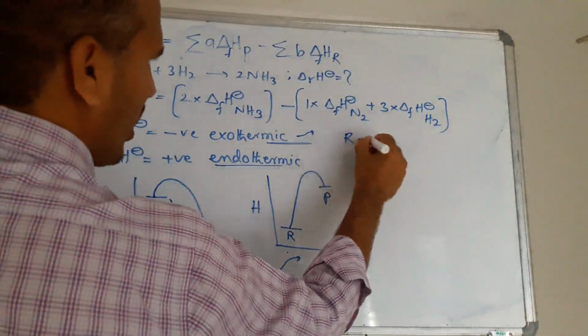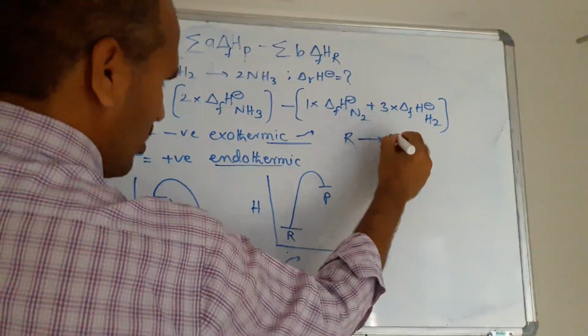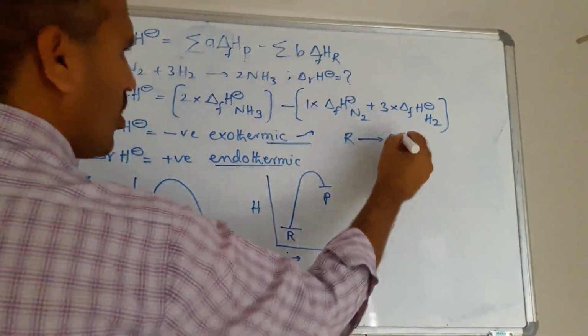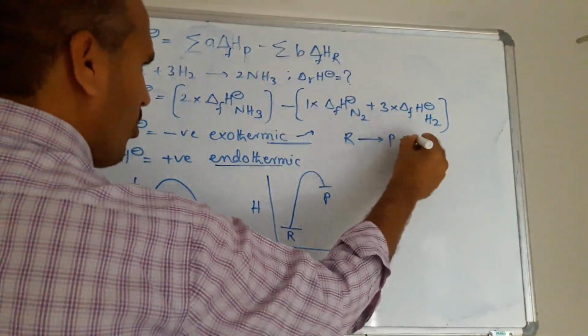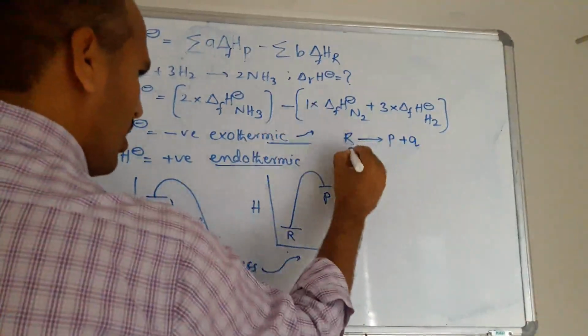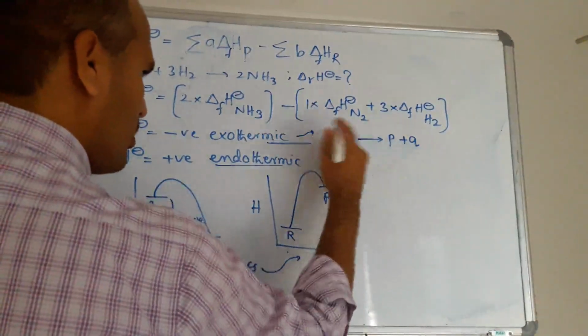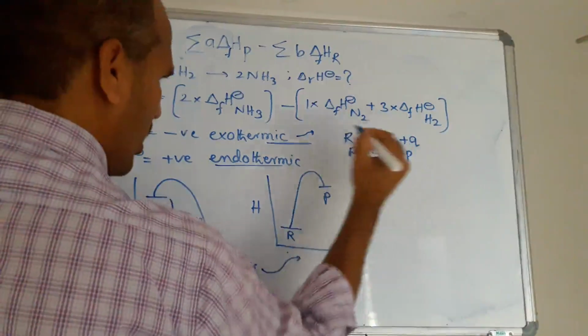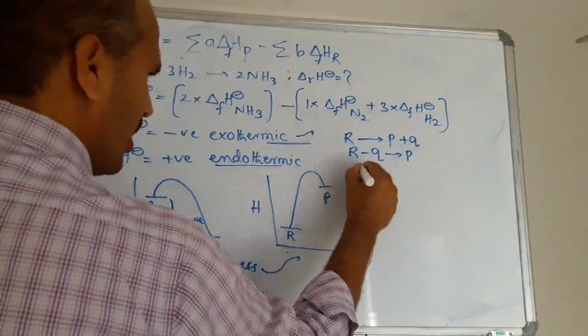Energy loss means the reactant is converted into product, and along with the product some energy is lost, in the form of Q, heat lost. Otherwise this can be represented as R, and when Q comes to the left side it is minus Q, giving rise to product.